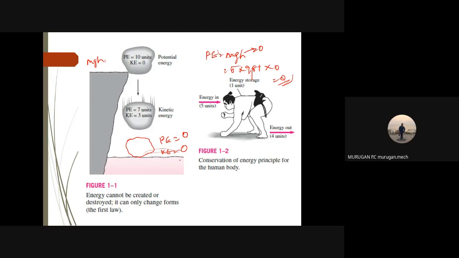And for kinetic energy, the fluid or the particles should be in moving direction, in movement. So that is called the kinetic energy, represented by half mv square. Okay, understood?